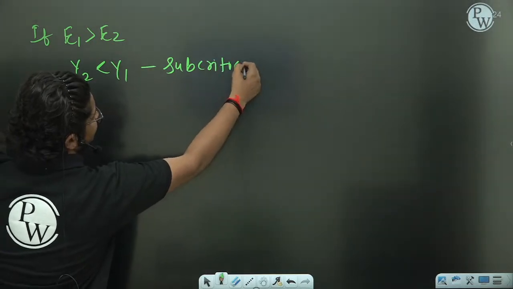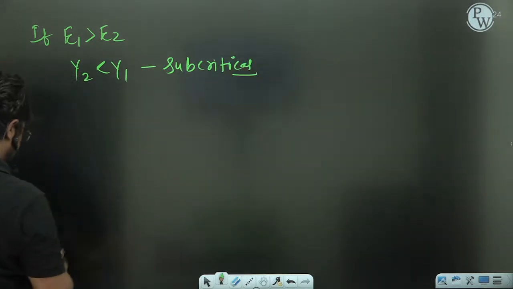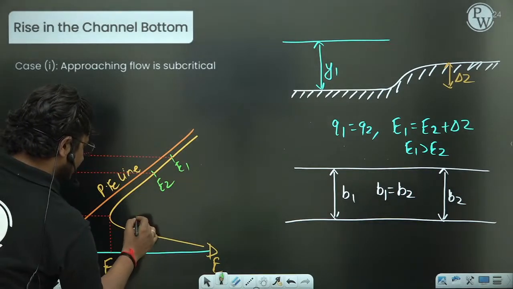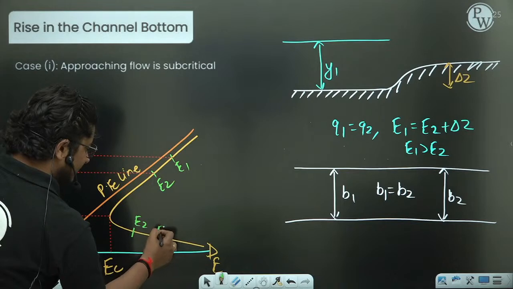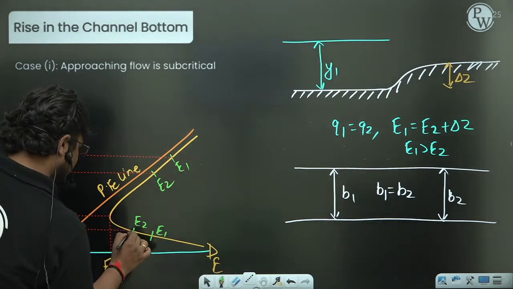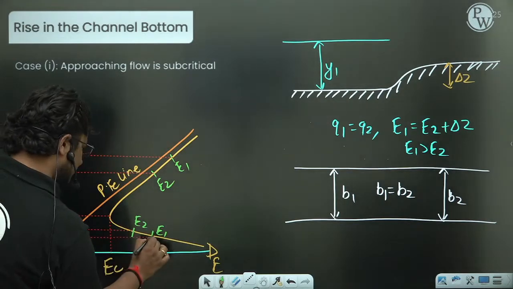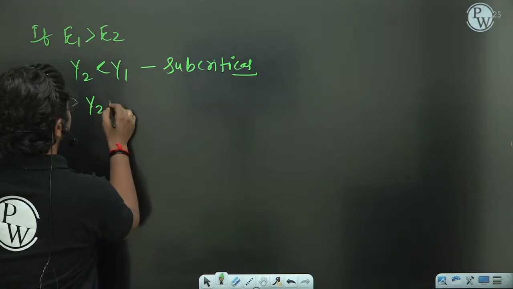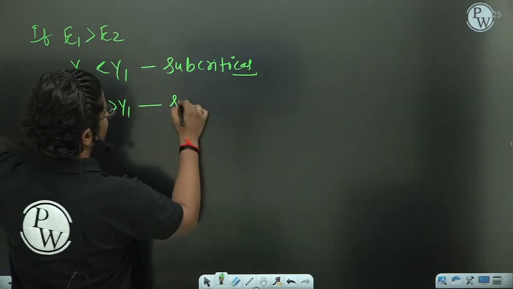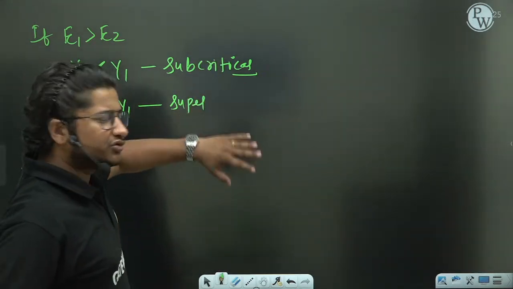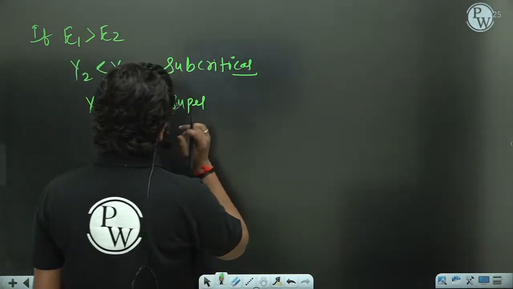And in the same case, if I look at supercritical, what will happen? Look at my dear, this time E2 will be here and E1 will be here. So you can see Y2 is more and Y1 is less. So Y2 is more compared to Y1 for supercritical. Always remember, whatever we get in subcritical, just opposite to that we will get in supercritical.